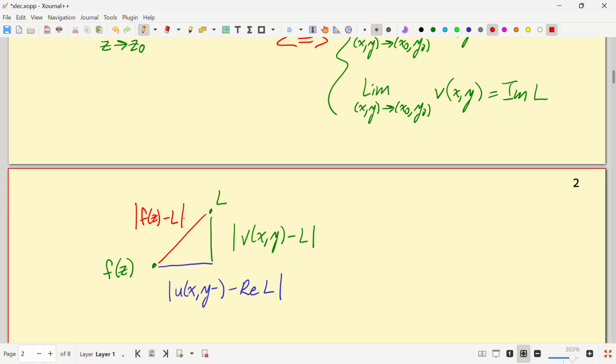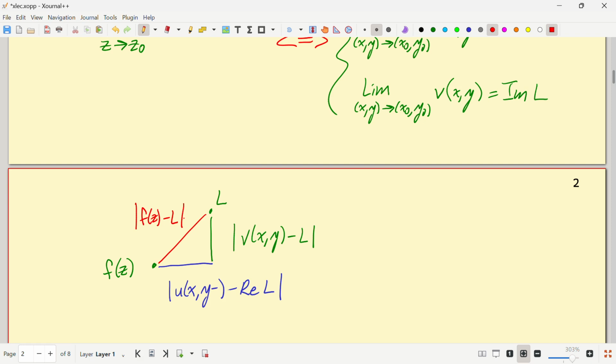Okay, so the fact that the legs of a triangle are less than or equal to the hypotenuse does the implication to the right. And the fact that the hypotenuse squared is the sum of the squares of those two things: if both those go to 0, then of course that red one is going to go to 0.